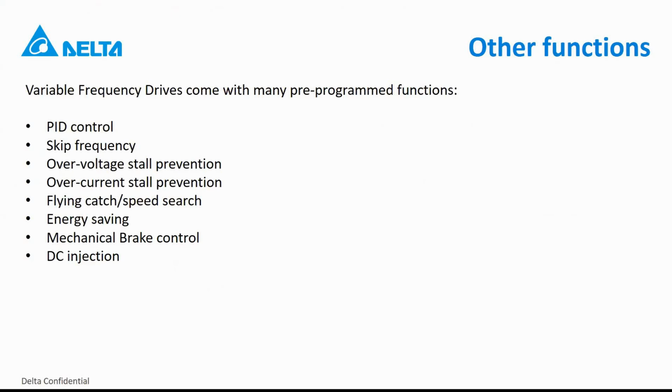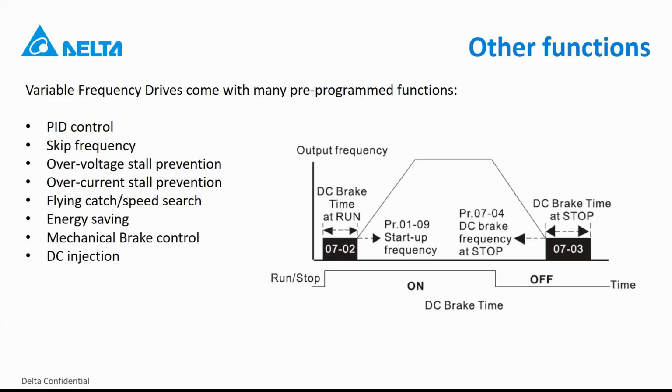Also commonly used with this sort of applications, if the motor is being run in open loop, so if there is no encoder connected to the motor, then you still need to make sure that you have enough torque at very low speeds. So for this, you normally use DC injection braking.